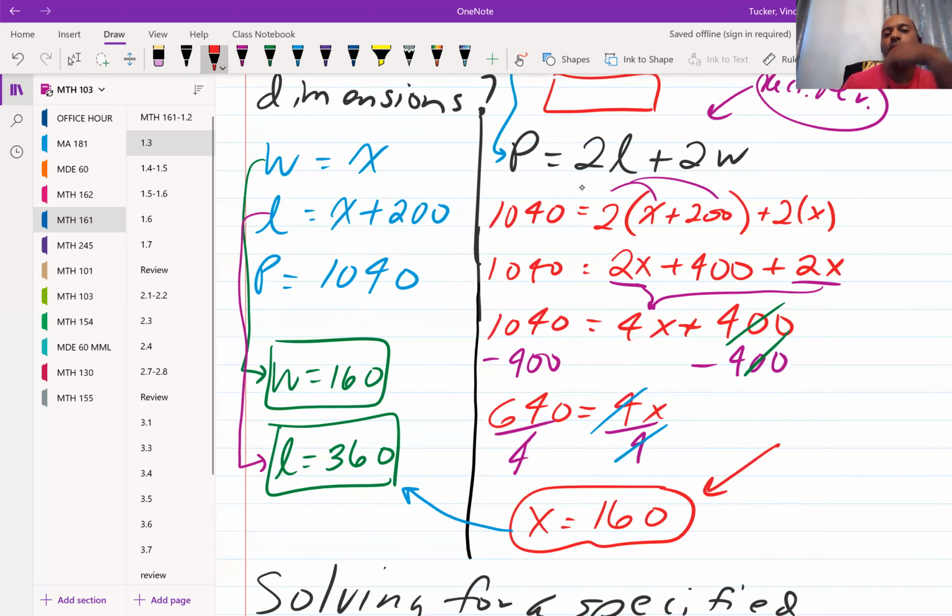Once you get your X, remember we wanted the dimensions, not just one part of your dimensional setup. So X is equal to 160. So that's your W, your width. Then if you add 200 to that, that'll be your length. So that'd be 360. So these would be your answers right here.